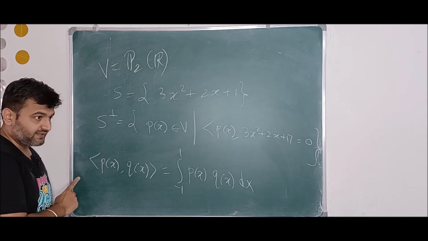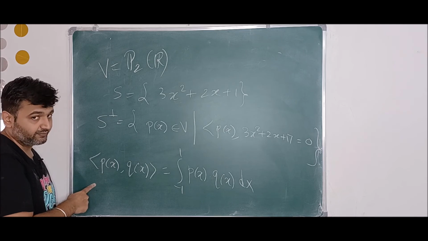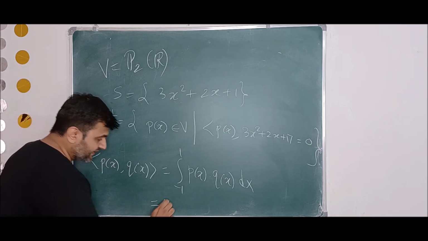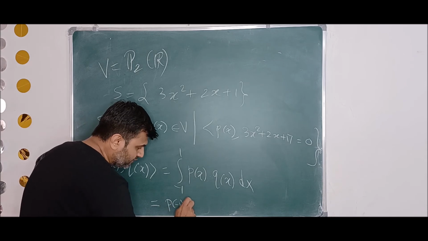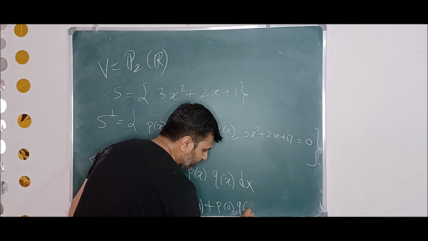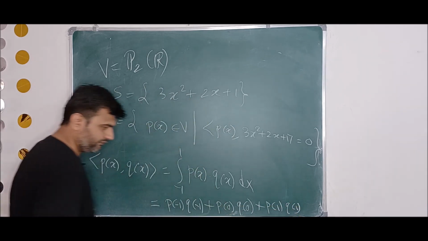I will find the orthogonal complement for S with respect to this inner product. What I want you to do is take inner product as P of minus 1 into Q of minus 1 plus P of 0 into Q of 0 plus P of 1 into Q of 1.